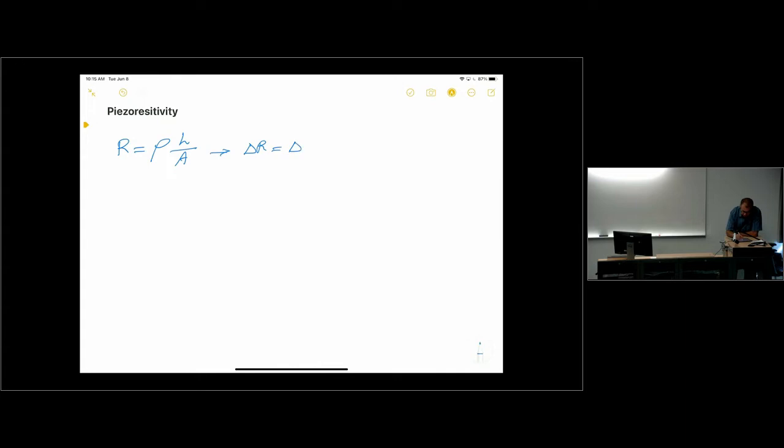So you're going to have some change delta rho, and the rest is a constant, and then some change in L times the rest, and then some change in A, but because A is in the denominator, your delta A appears as this.